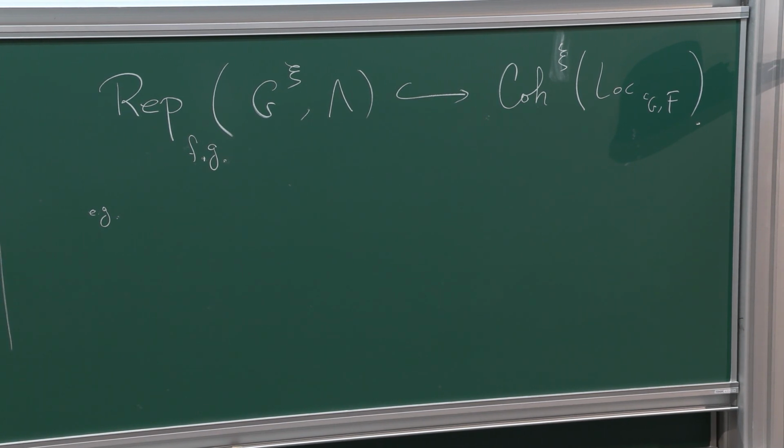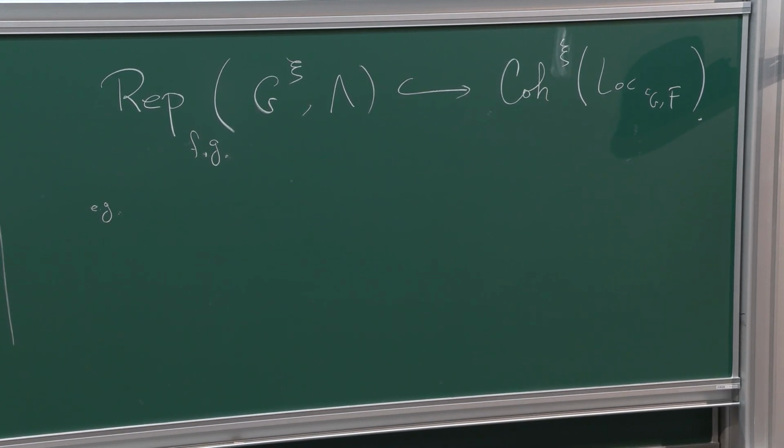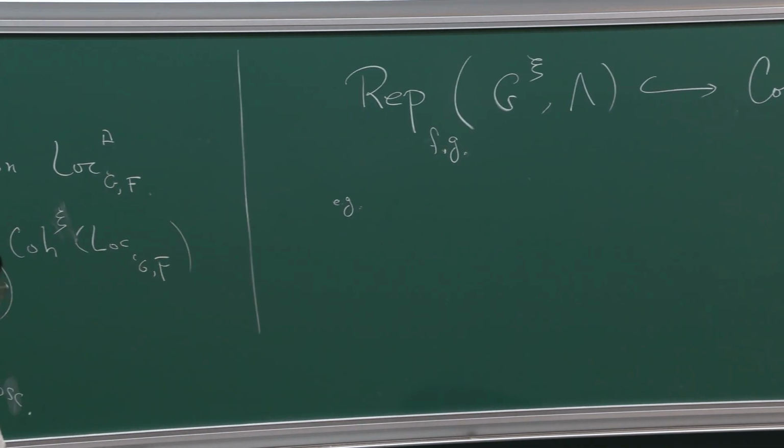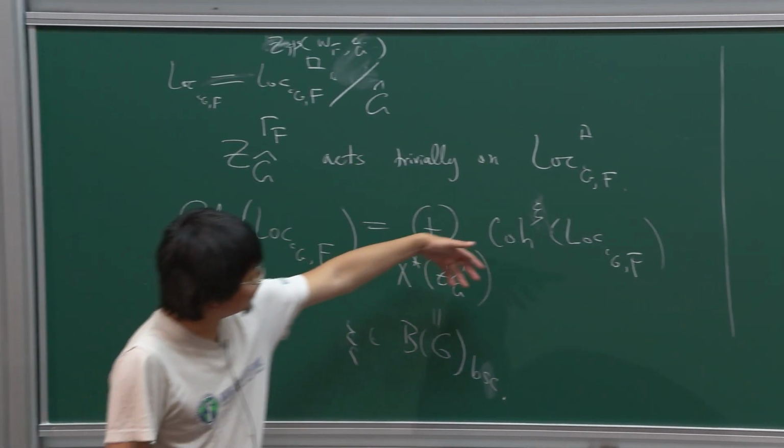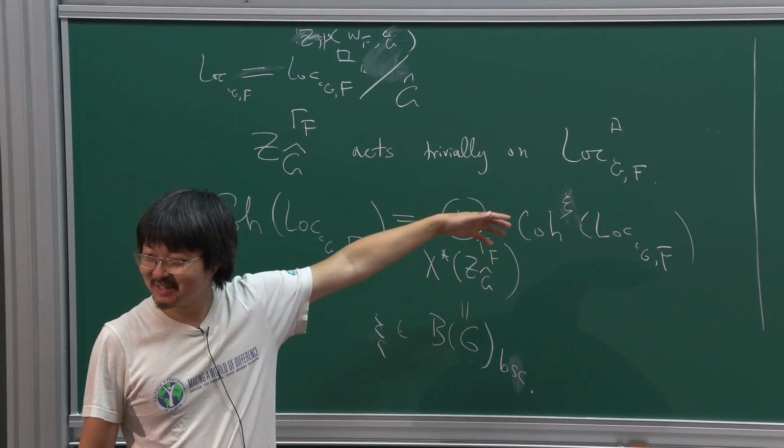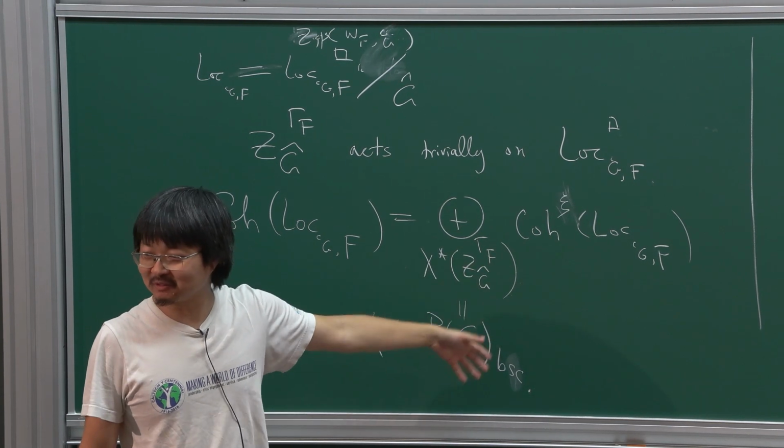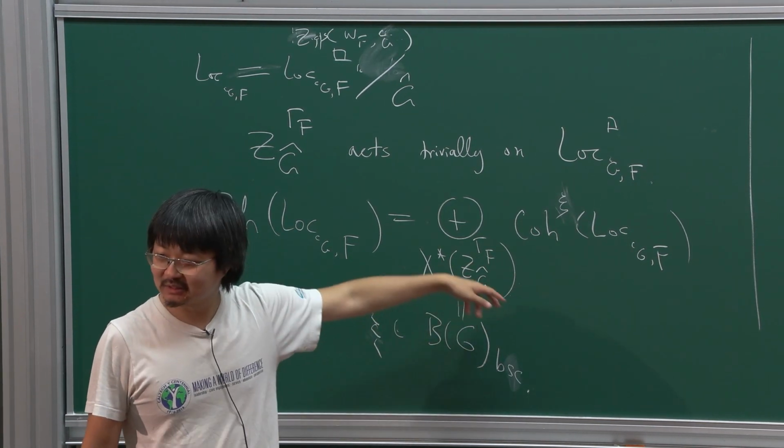Can you say something about the non-semi-simple case, like GM? It's okay to say you still have this decomposition, but the extended pure inner forms of GM are also labeled.